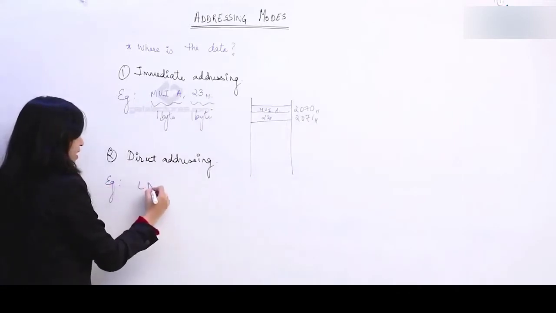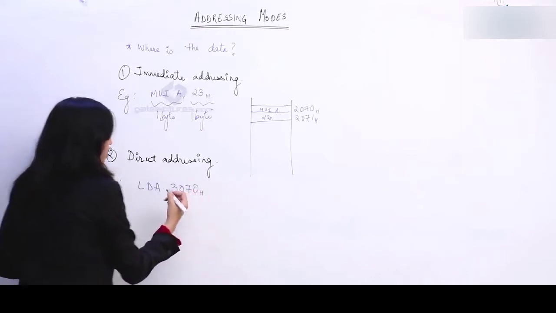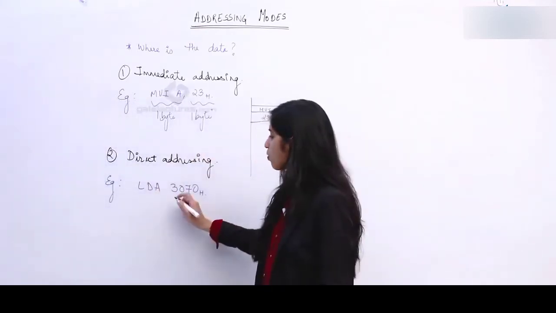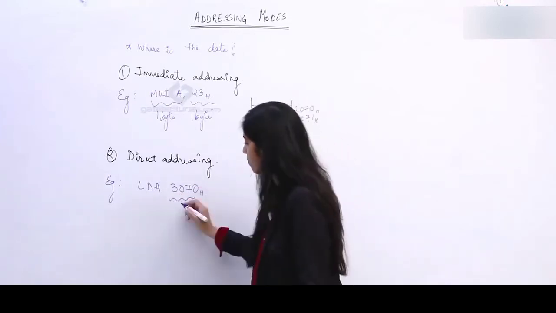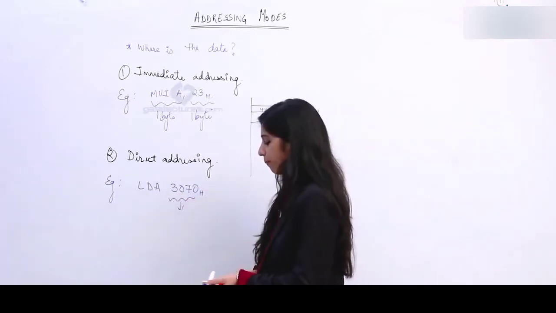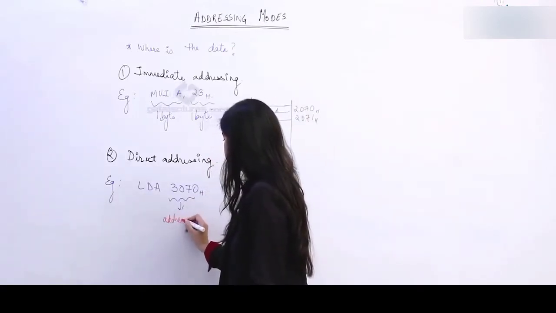For example, you're giving the instruction LDA 3070H. What have you given? We have given the memory address of the data.